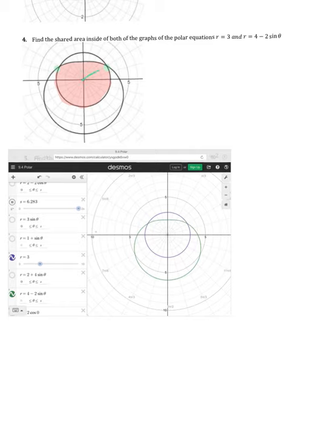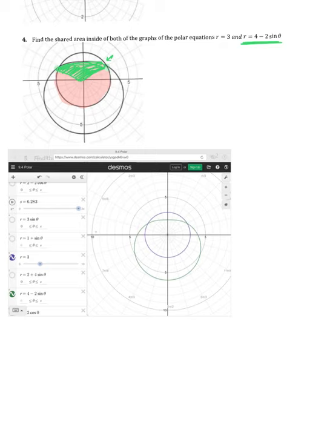Because of how polar graphs work, my radius is rotating this way based on theta, and this green area is coming from this particular function. Then everywhere else is being formed by the circle.